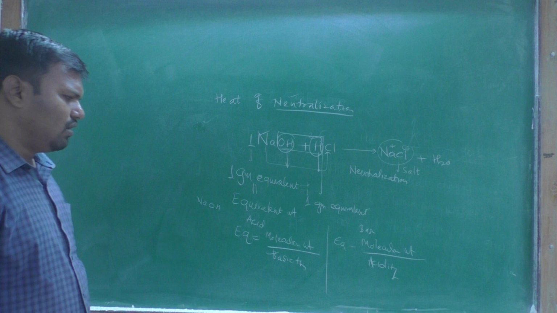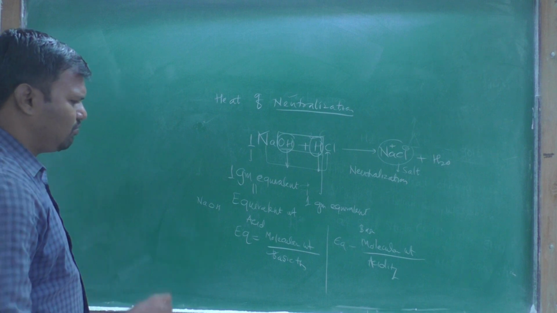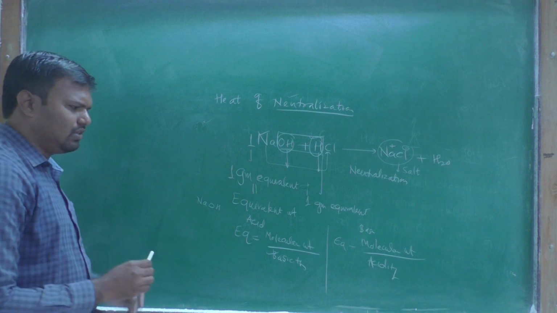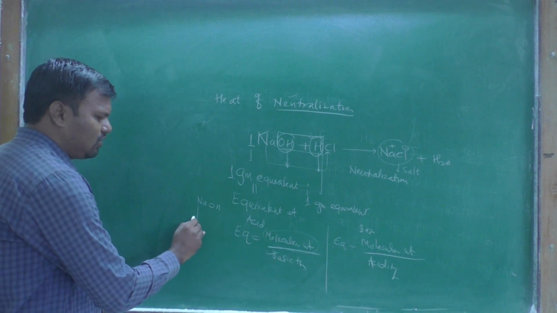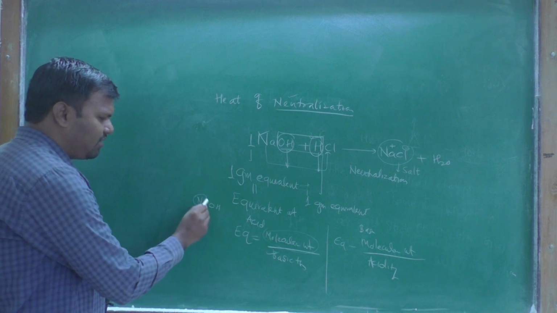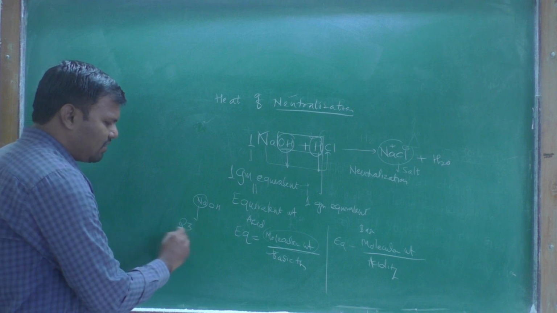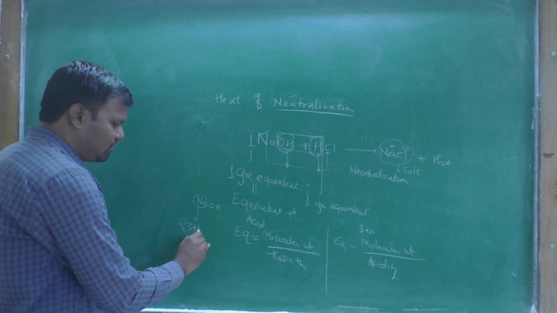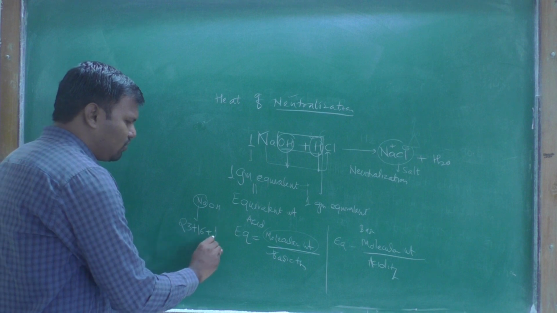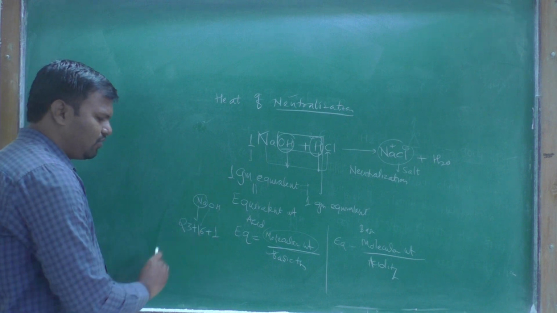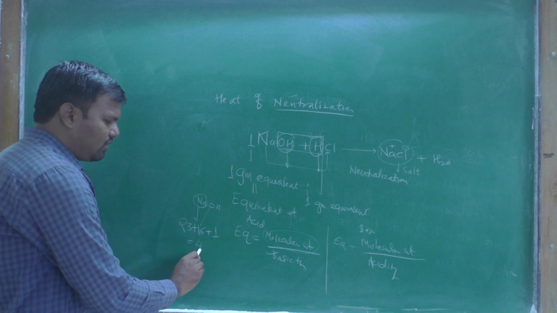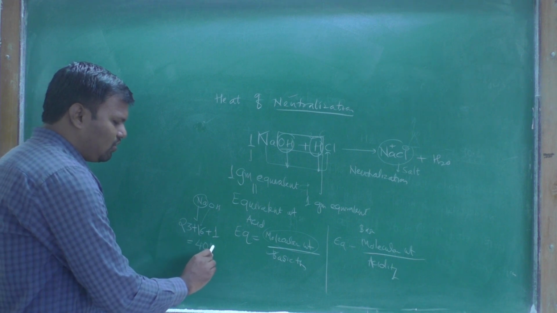Okay, for NaOH molecular weight or mole, instead of this you can also take the mole. How do we calculate the molecular weight of NaOH? Na has 23 atomic weight plus oxygen 16 plus hydrogen 1. Total, 40 is its molecular weight.